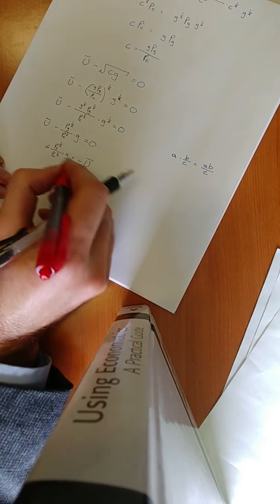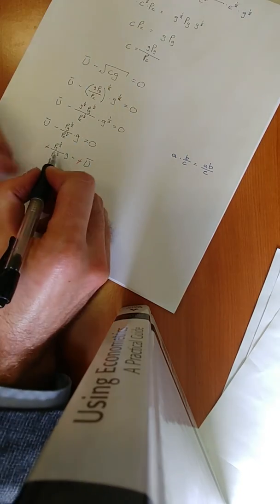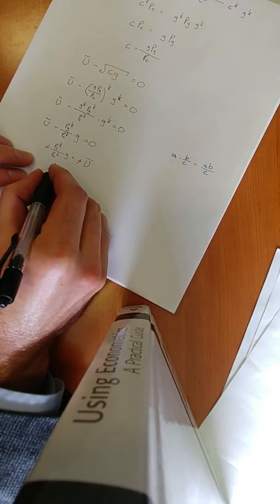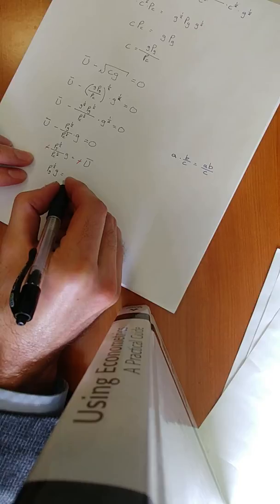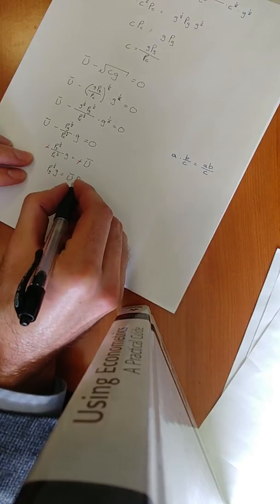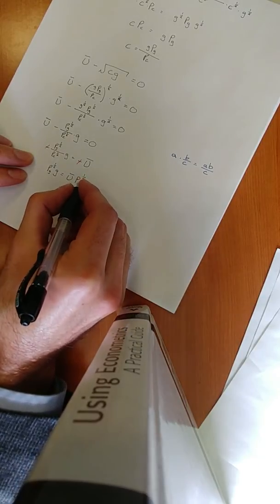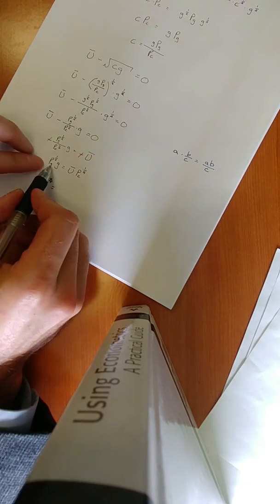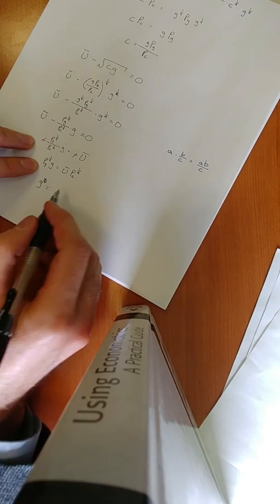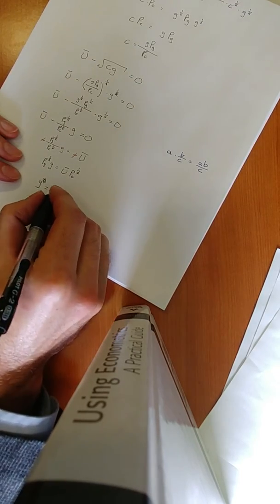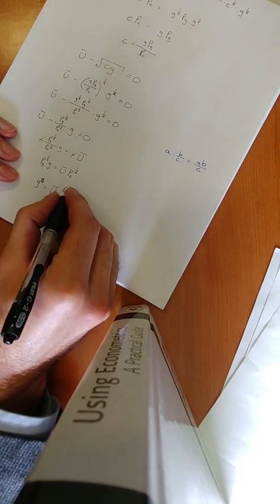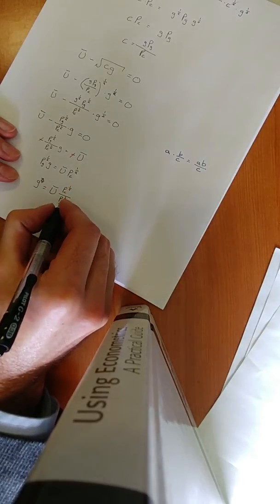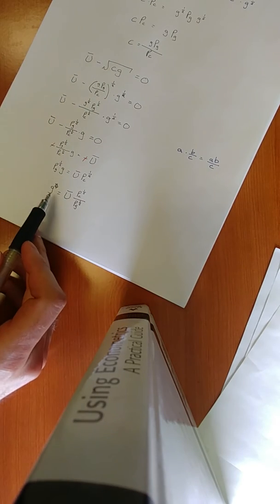Let's cancel out those 1/2. Let's cancel out those negative signs. Multiply both sides by pc to the 1/2. All right, then we come down here, divide both sides by pg to the 1/2. And there we go. We've got our optimal g.